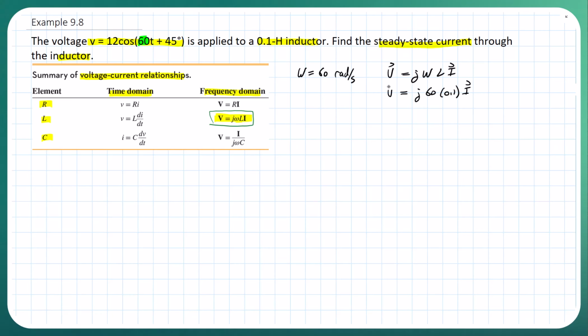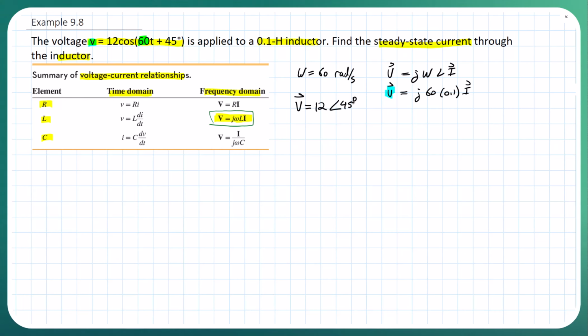Now it's just a matter of rearranging the equation. The other thing we know is V. It's given to us here in time domain, but we can convert it easily to the phasor domain. V in phasor domain is just going to be 12 at an angle of 45 degrees.